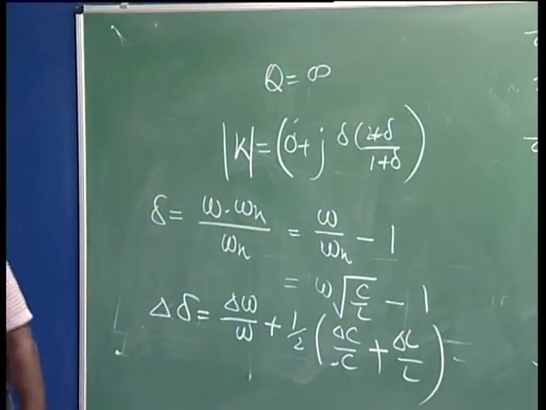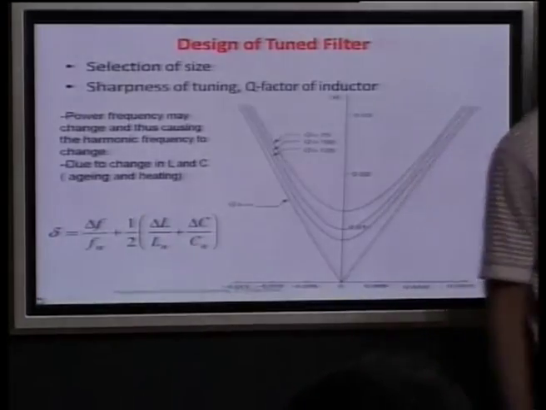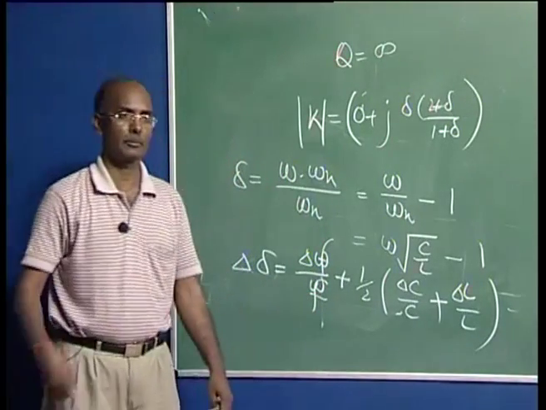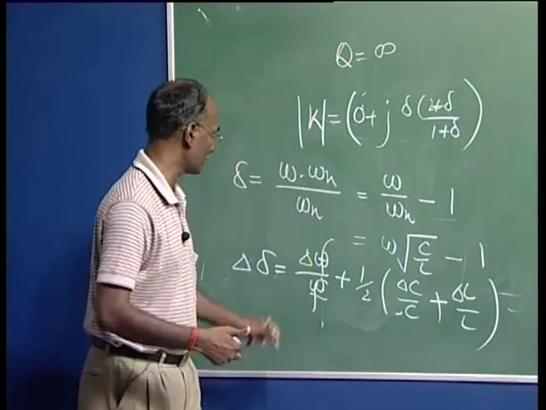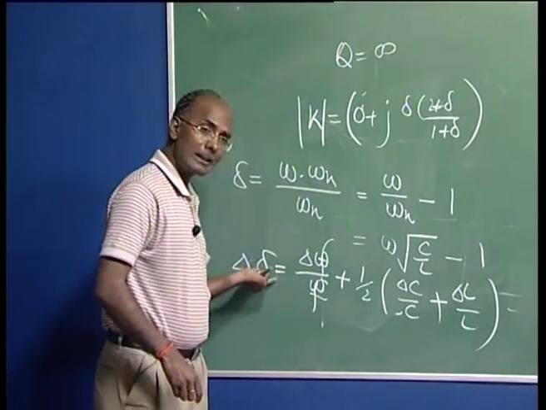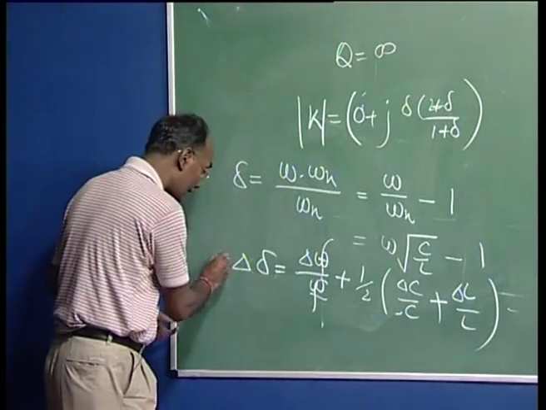So the derivation comes from here, and you can say this is nothing but f upon f. It's the same: change in omega divided by omega is equal to change in frequency by frequency. So this delta we are defining in this term.